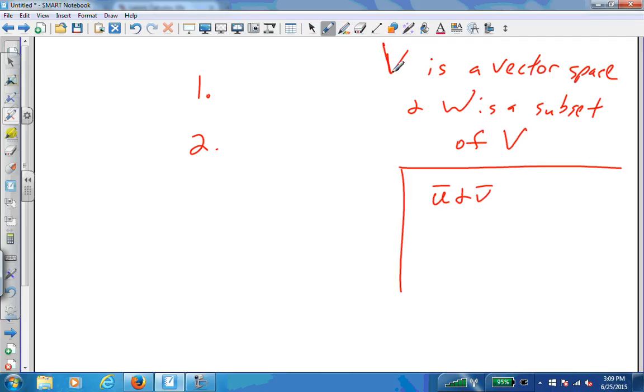So this big V is our vector space. This big W is our subset of V, and u and v are in the subset.